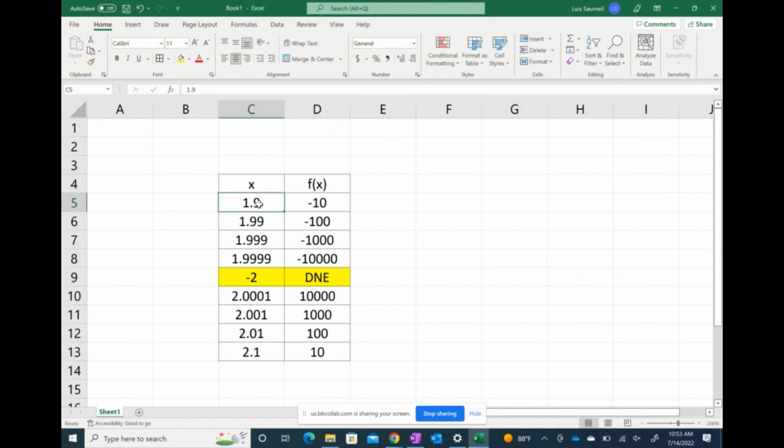But therefore, we need to do this with negative numbers. So let's see, I want to do it from the left. I have to change all of this.